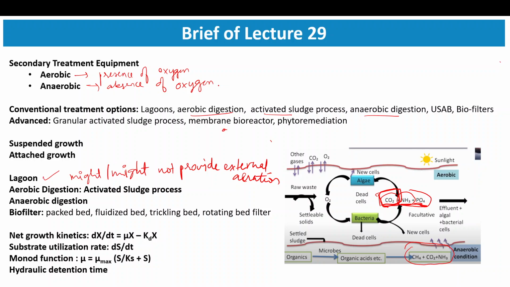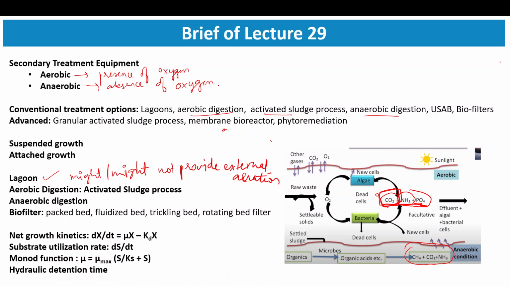So multiple processes occur on their own where very little human intervention is required. You just need frequent, timely cleaning and timely removal of sludge, and so on, so that you can maintain the efficiency of such lagoons.